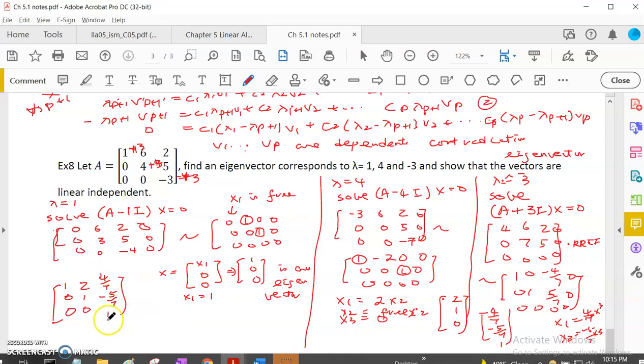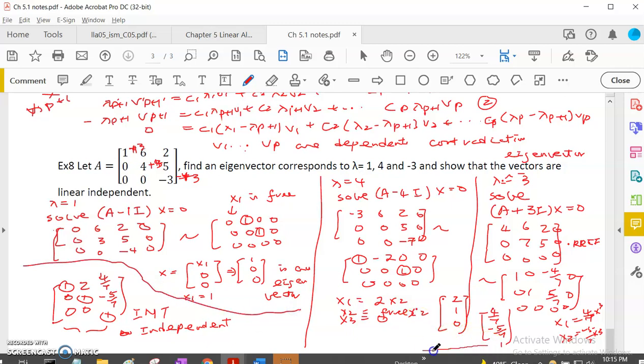So are these independent? Yes, because this is already in RREF. We have a pivot position in every row. So by the invertible matrix theorem, the determinant is not 0, and these vectors are independent. So all the eigenvectors that we get from the individual lambdas form independent sets of vectors.